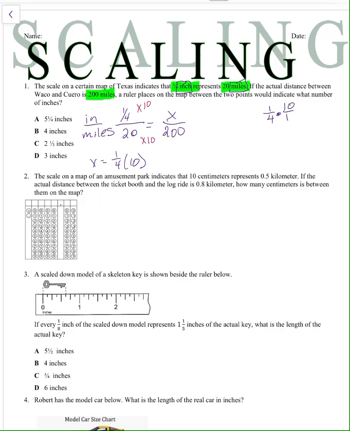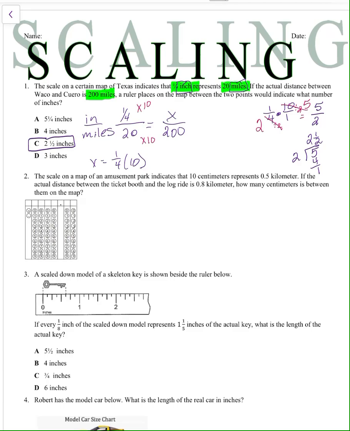I look to see if I can simplify, and I can. I can divide by 2. 4 divided by 2 is 2, and 10 divided by 2 is 5. Multiply straight across. 1 times 5 is 5. 2 times 1 is 2. So 5 divided by 2 is 2.5. So it would be 2.5 inches on the ruler.